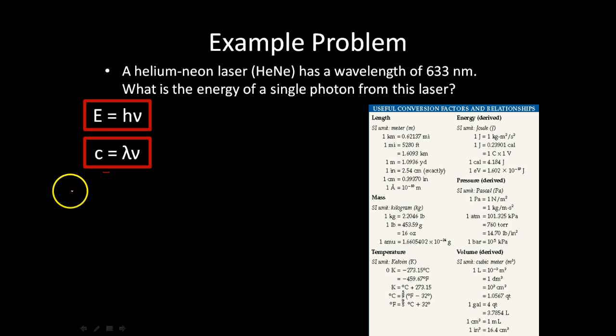So c equals λν becomes, for solving for frequency, c over λ equals ν, right? Because we don't have ν, but c is the speed of light, so it's a constant, and this is the wavelength, which is given in the problem. So now we'll plug this equation right into here, so this becomes E equals hc over λ.